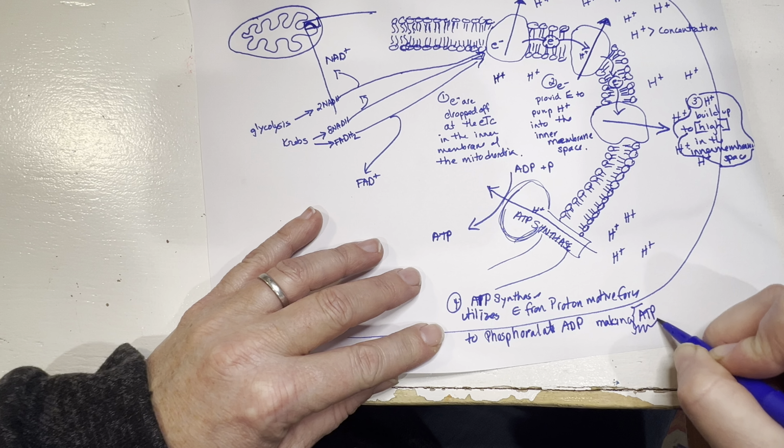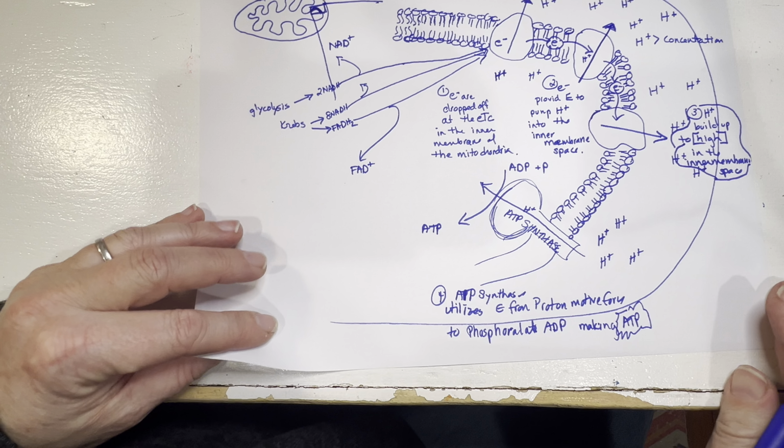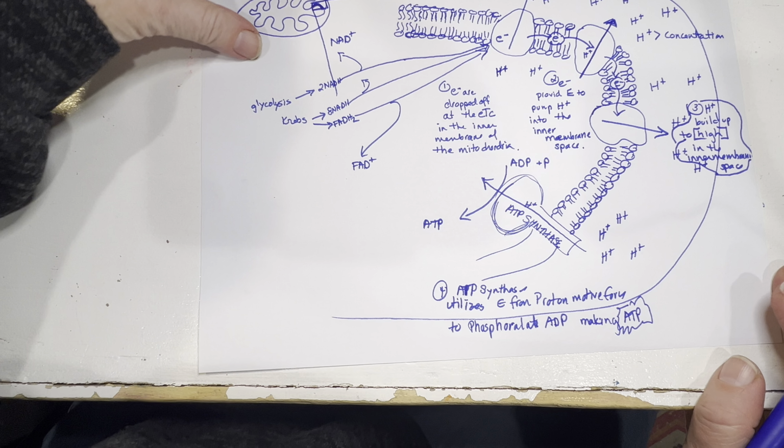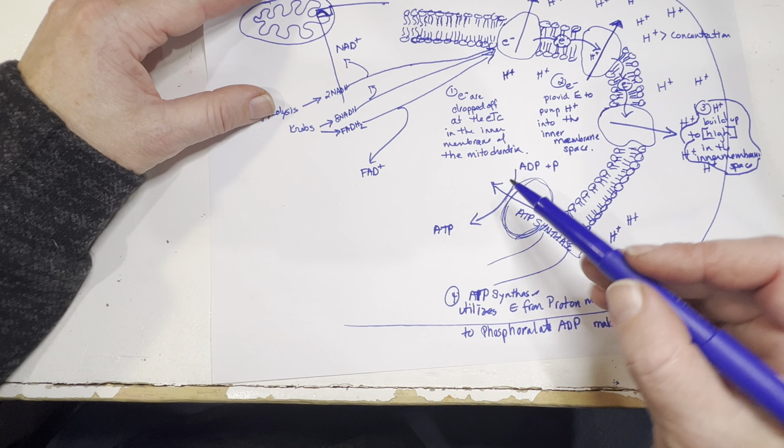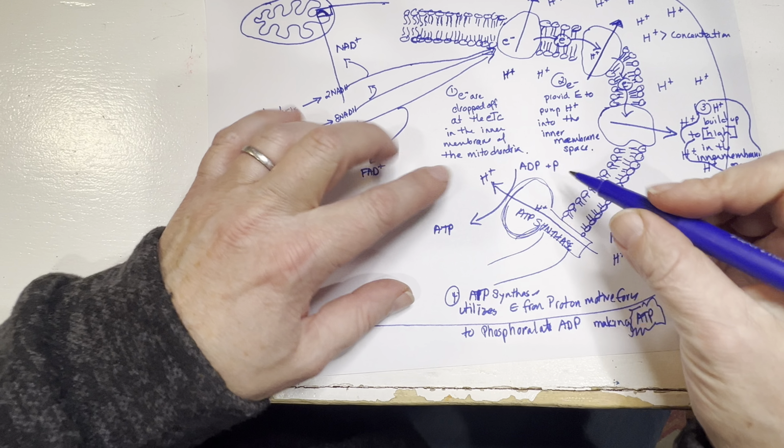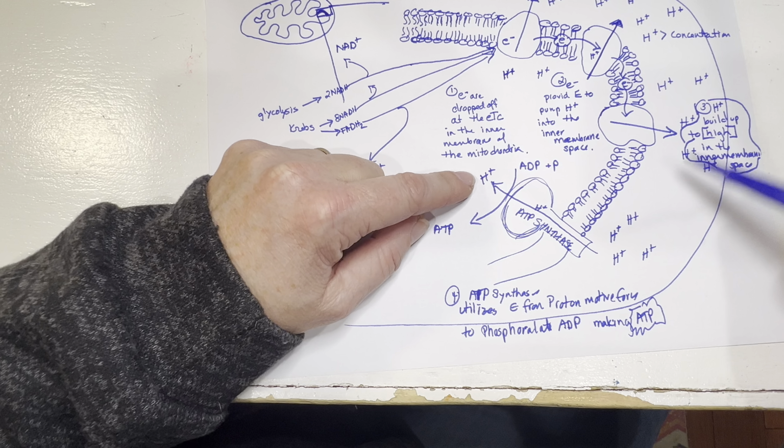And we should put our little explosion here. All right. We'll do our counting in just a moment. But then these protons that are moved into here are then available to pump back into the inner membrane space.